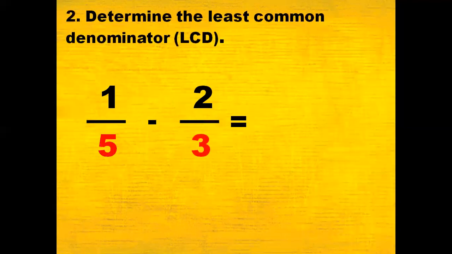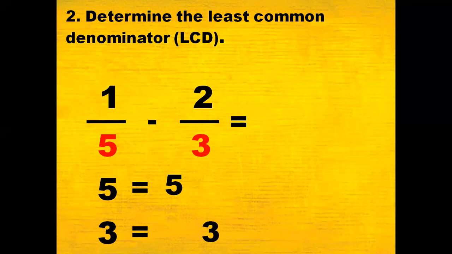Step number 2. Determine the least common denominator. 1/5 minus 2/3. Our denominators here are 5 and 3. So what is the prime factor of 5? We only have 5. How about 3?